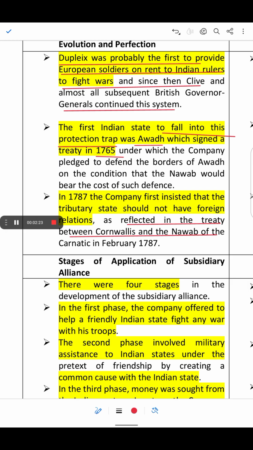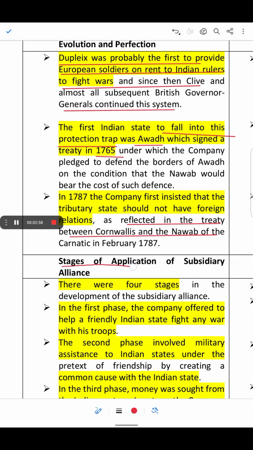The Treaty of 1787 between Cornwallis and the Nawab of Carnatic reflected this, preventing tributary states from forming independent foreign relations. So this was the method of controlling the Indian states, later evolved into the subsidiary alliance and formalized by Lord Wellesley in the 1790s. So this was all about evolution and perfection.